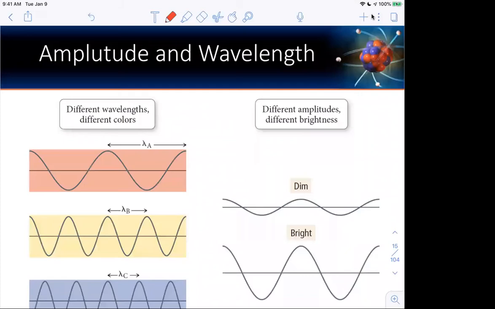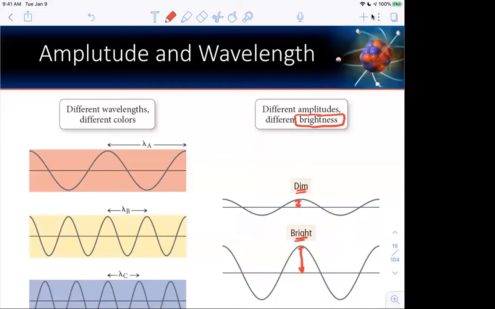Now, amplitude is a little bit different than wavelength and frequency. It's a little separate from that. The amplitude is going to affect brightness. So if I have a really small amplitude, my light is going to be dim. If I have a much larger amplitude, my light is going to be bright.